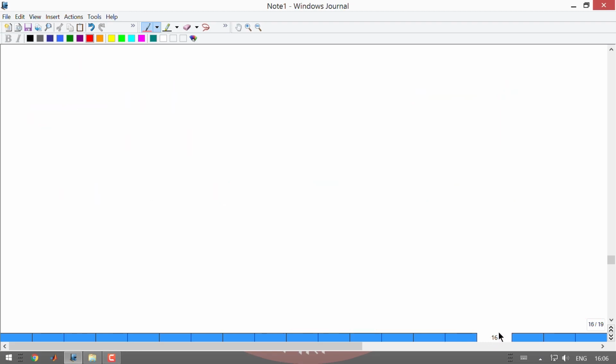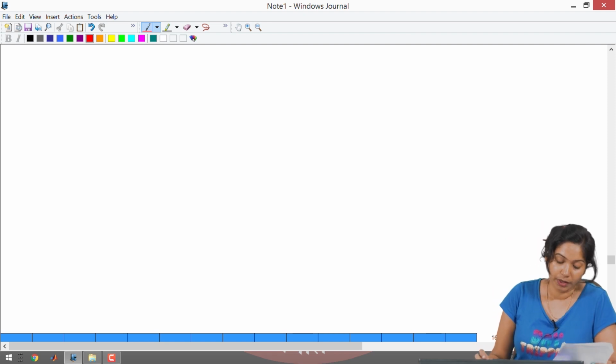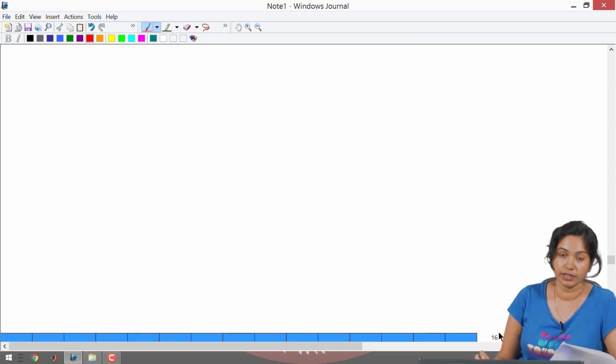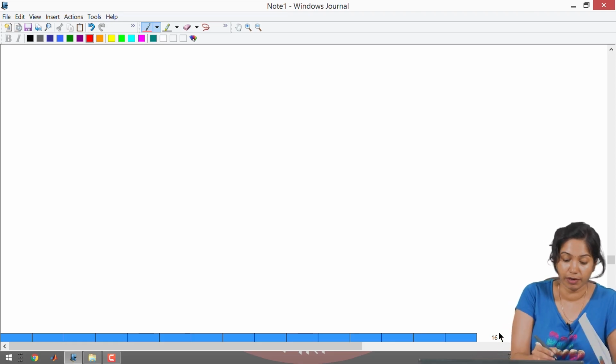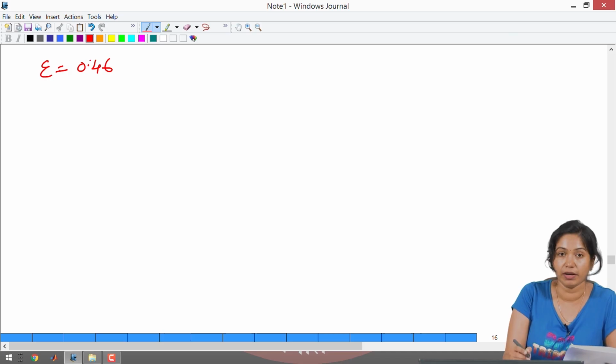And the other part is that if we are taking an error of 0.01 in epsilon, how sensitive it is, that we have to find out. In the question initially it is given that epsilon equals 0.47. If we take an error of 0.01, epsilon will be 0.46.